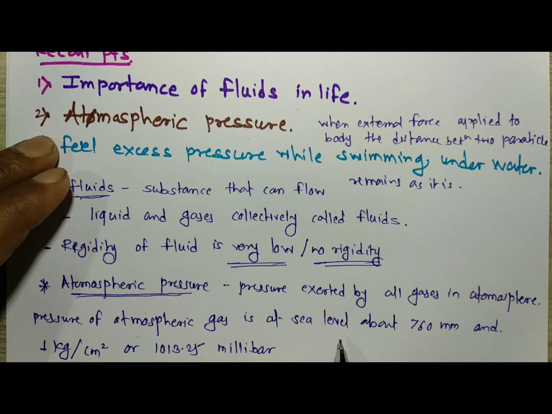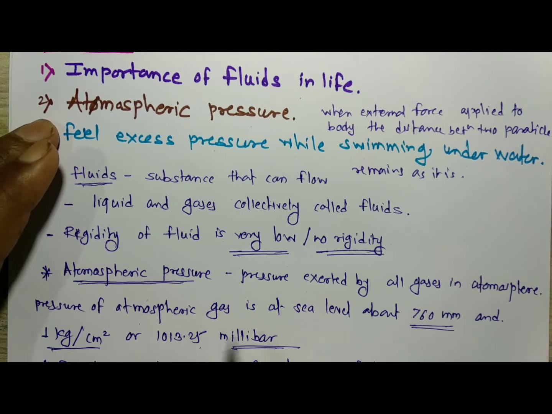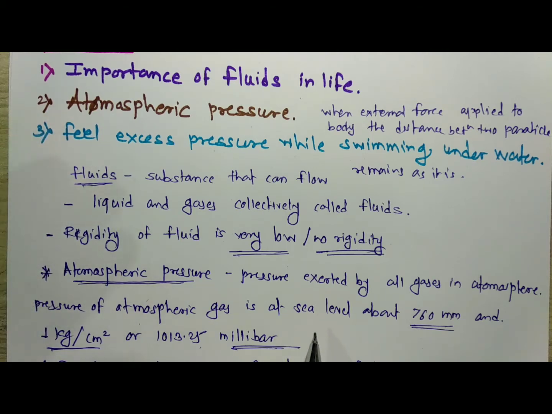At sea level, all gases provide a pressure of about 760 mm, or 1 kg per centimeter square, or 1013.25 millibar. That is the atmospheric pressure provided at sea level by the atmospheric gases overhead of the earth.